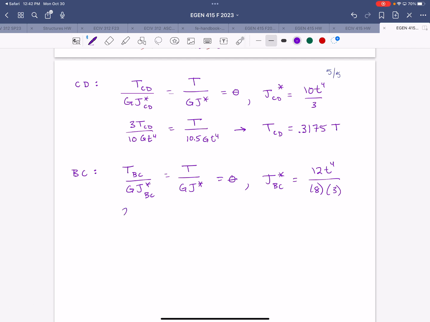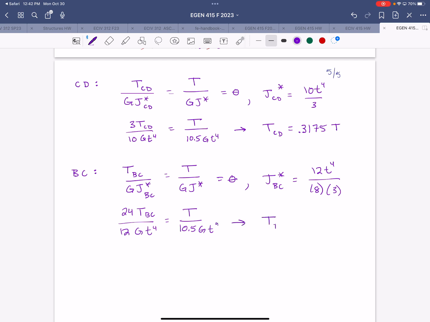So we have 24 TBC over 12 Gt to the fourth is equal to T over 10.5 G lowercase t to the fourth.